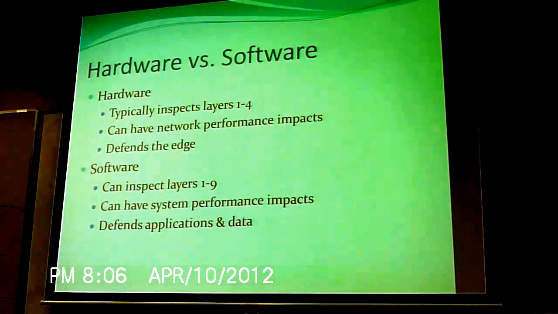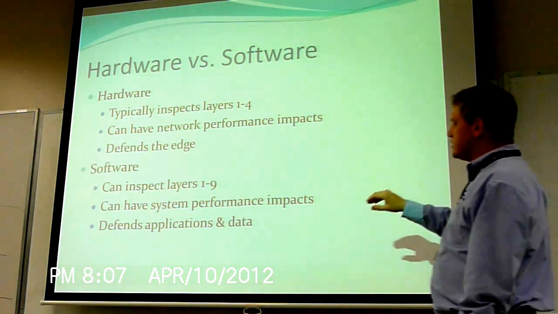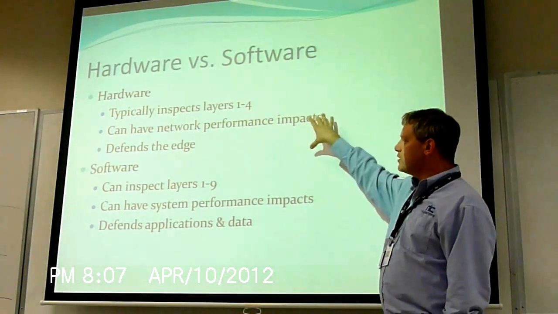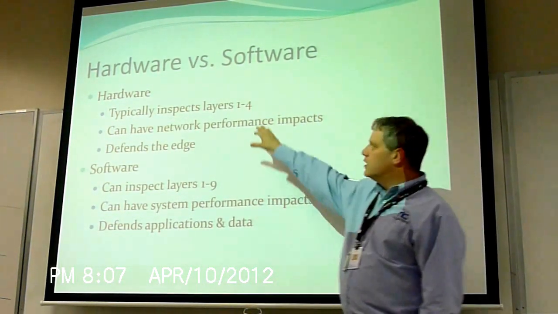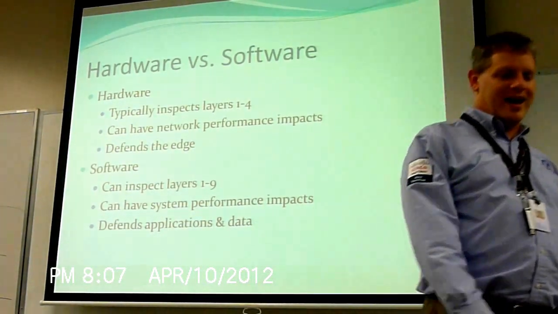Software firewalls can work at all 7 layers. With software firewalls, there is more of a system impact, whereas network firewalls have more of a performance impact on a network. Hardware defends the edge, software defends applications and data.